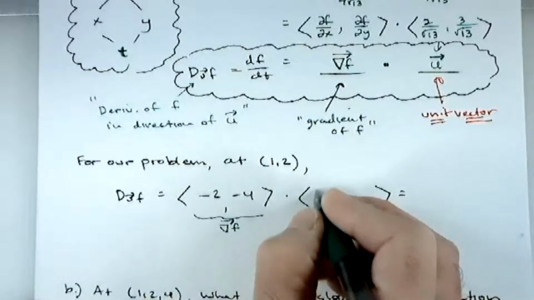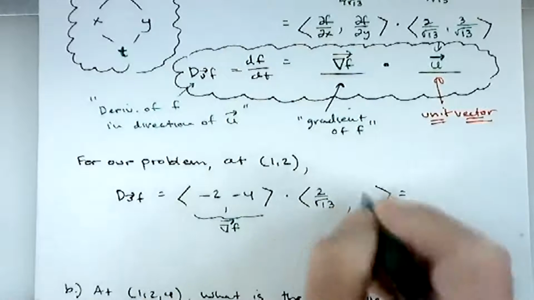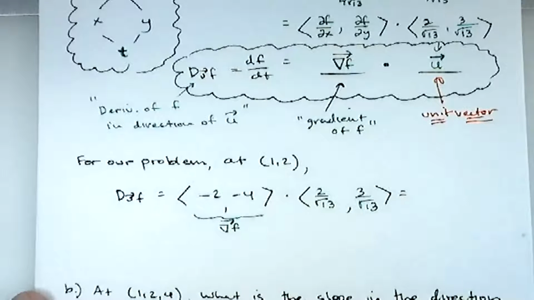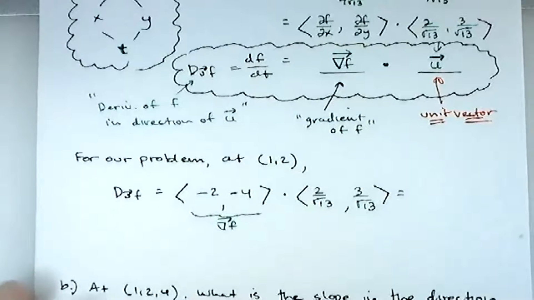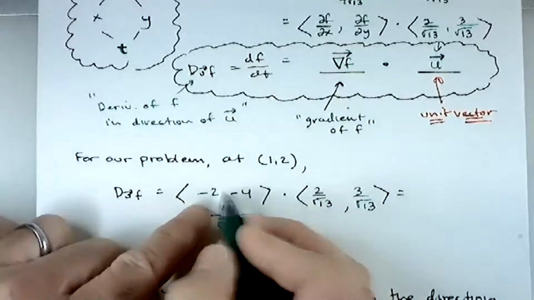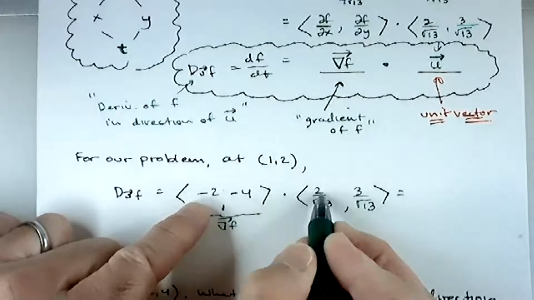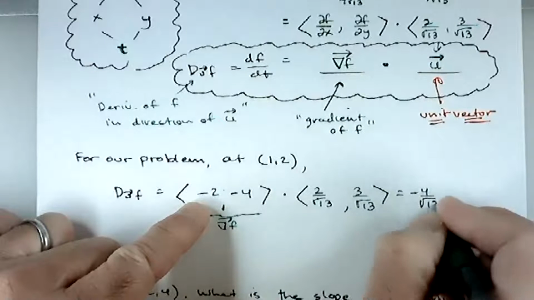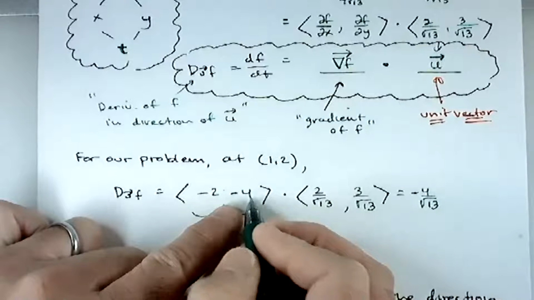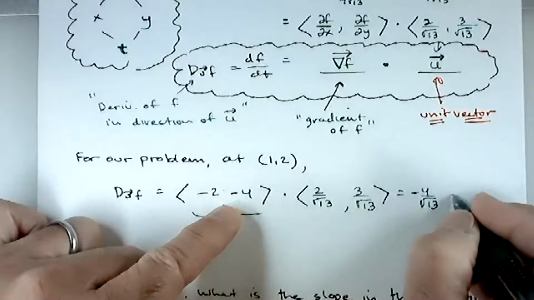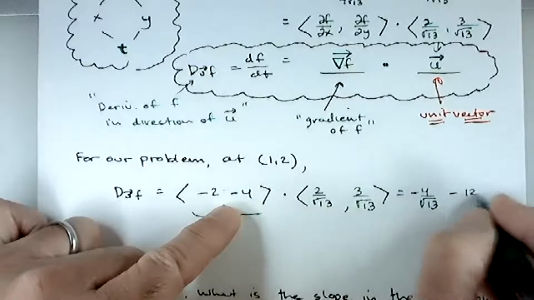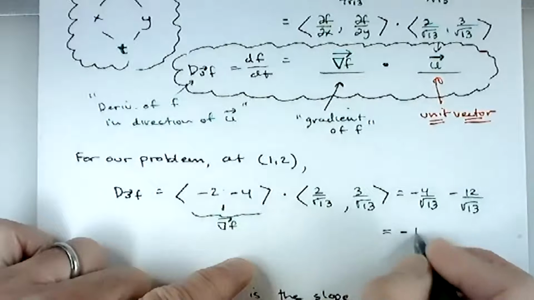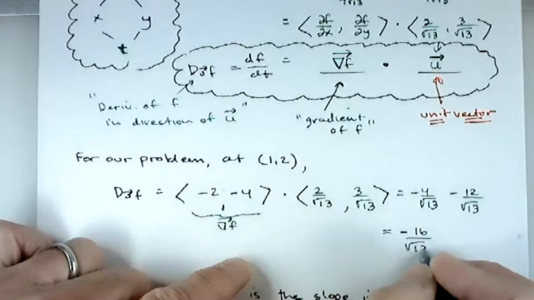And we have our unit vector being 2 over root 13, 3 over root 13. So if I do the dot product, it's just going to be -2 times 2 over root 13, that is -4 over root 13, plus -4 times 3, that's actually minus 12 over root 13. So I get an answer of -16 over root 13.